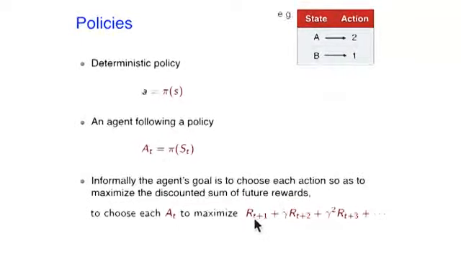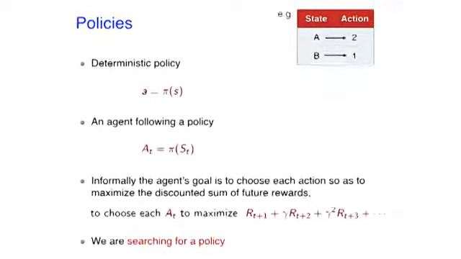So the first reward is going to count at full value, and the second one is going to be discounted by gamma. Gamma is a number less than 1, like 0.9. Then each successive reward is discounted by another factor of gamma. And then we can just sum all of them up to infinity, and because of the discounting, that sum will still be finite. It'll just be a number. And that's what we're going to be interested in.